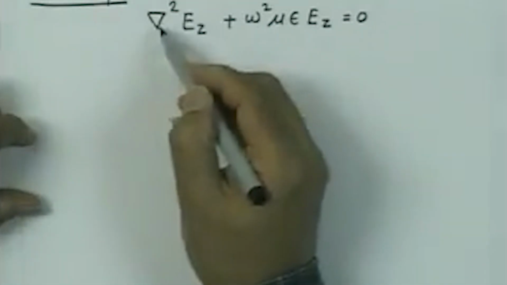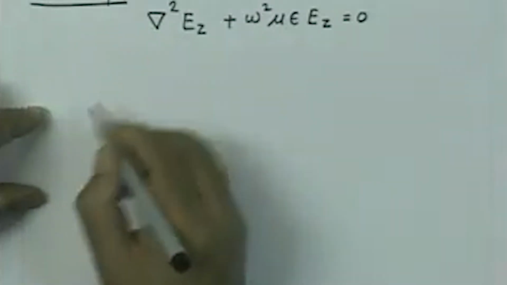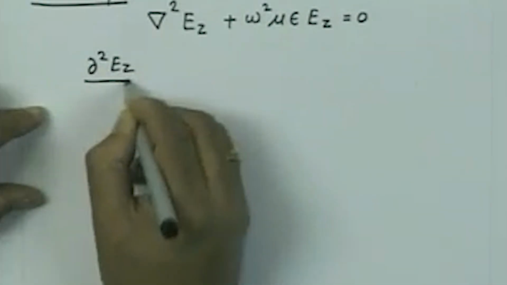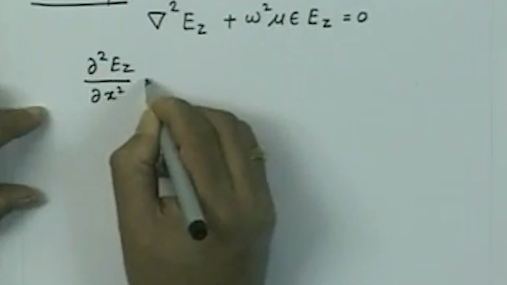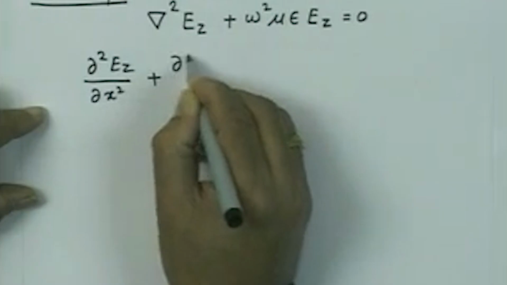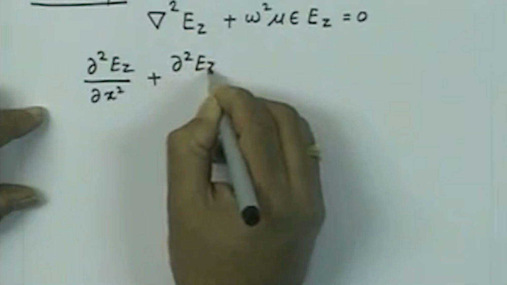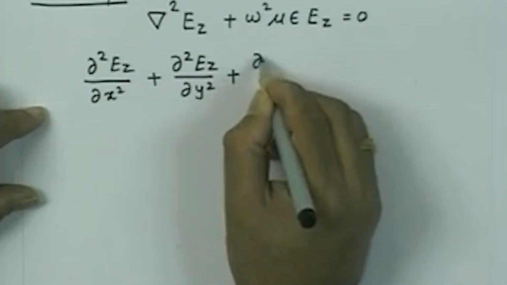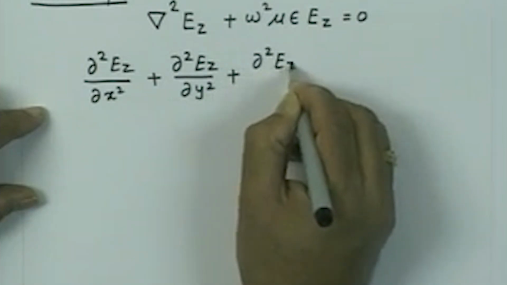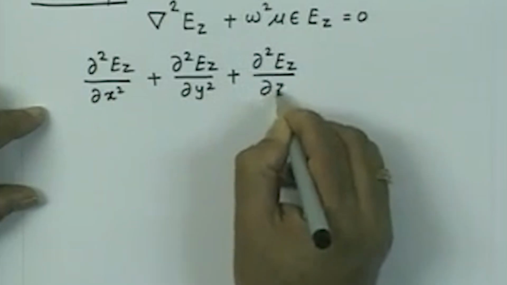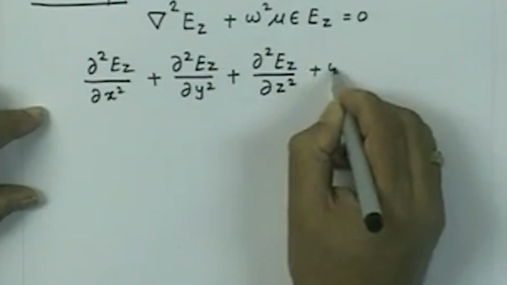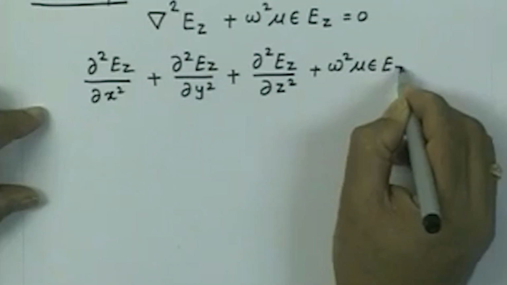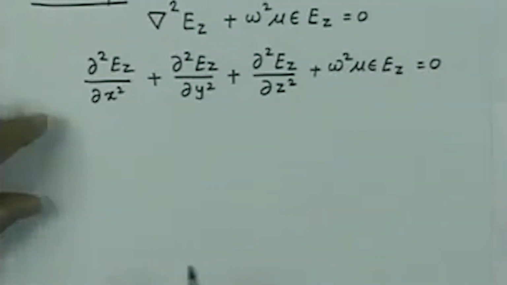We can expand this del square in the Cartesian coordinate system. So, we get d2 Ez by dx square plus d2 Ez by dy square plus d2 Ez by dz square plus omega square mu epsilon Ez is equal to 0.